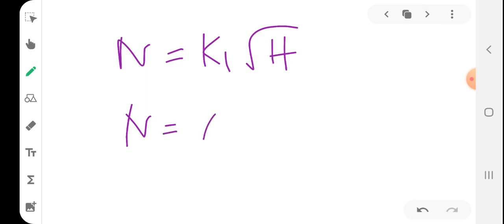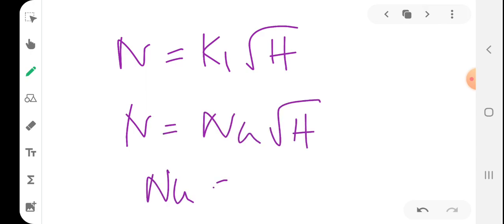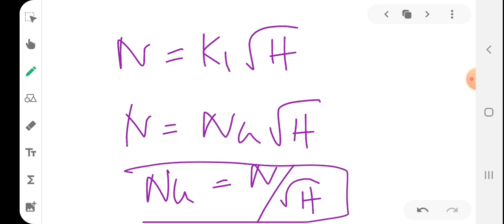Then n is equal to nu root h, and nu can be written as n by root h, speed by root h. So nu for a particular turbine will be constant. So you got the expression for unit speed. Unit speed is nothing but the ratio of original speed to the root of head of the turbine.